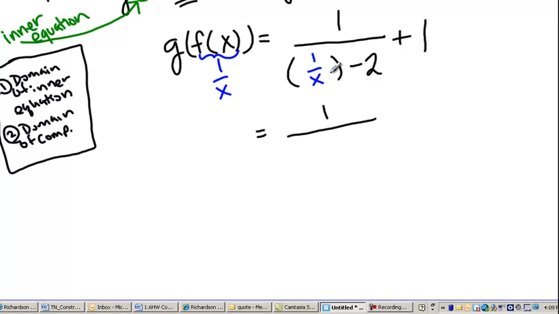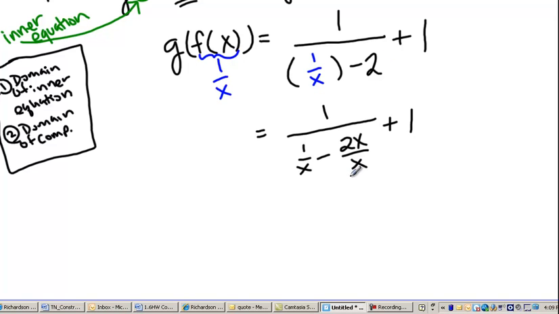Okay? First thing is I want to get 1 over x minus 2 all under one fraction. So I'm going to say 1 over x minus 2x over x, plus 1. Did I change anything about this equation except adding an x on top of 2 and an x on the bottom?